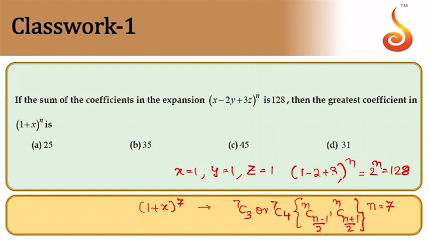Therefore nC(n minus 1)/2 or nC(n plus 1)/2. So n is 7, 7 minus 1 is 6, 6 by 2 is 3, or 7 plus 1 is 8, 8 by 2 is 4. So 7C3 or 7C4, which is equal to 35.